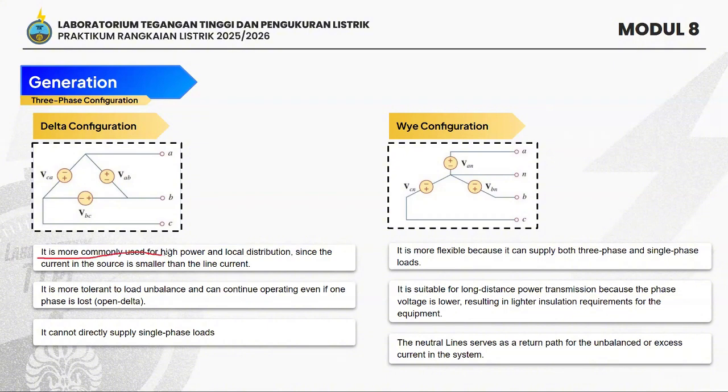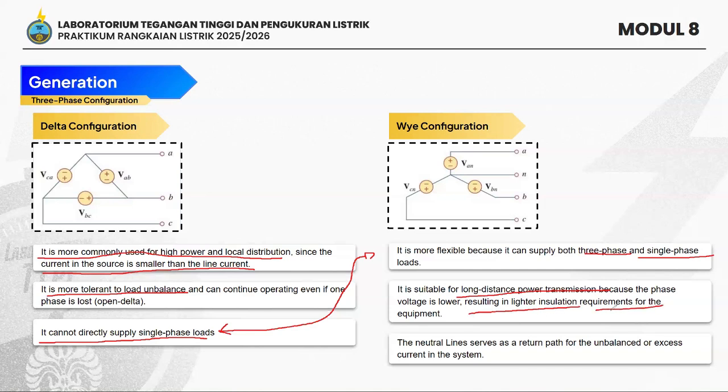It is more commonly used for high power local distribution. Why? Because the source current is smaller than the line current. It is more tolerant to load unbalance, but it cannot directly supply single phase load. This is a bad side, because the Y connection is more flexible since it can supply both three phase and single phase load, and it is suitable for long distance power transmission, resulting in lighter insulation requirements for the equipment.